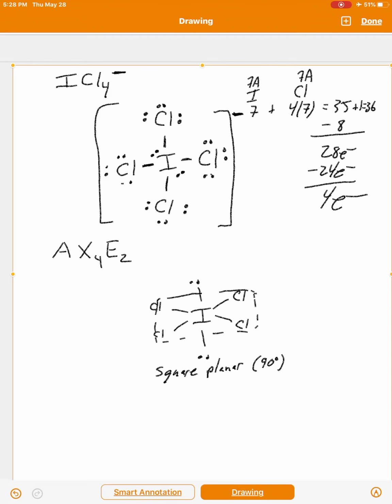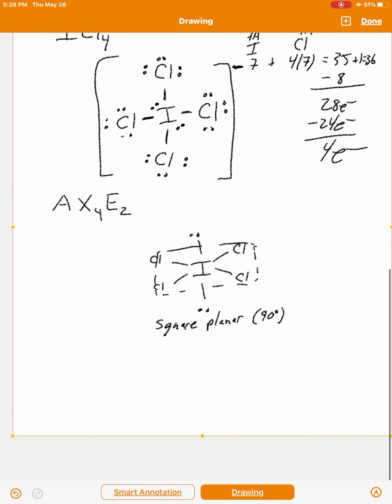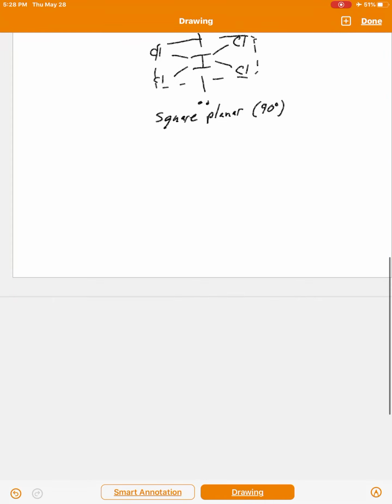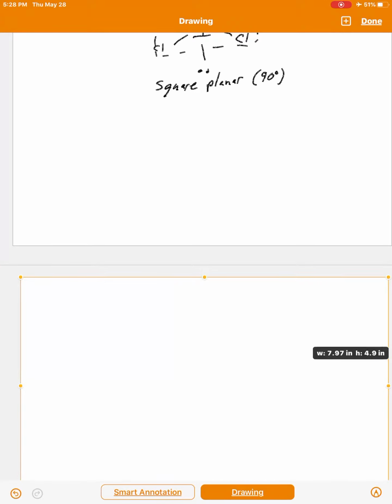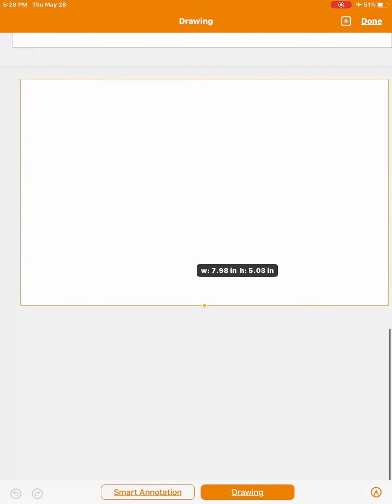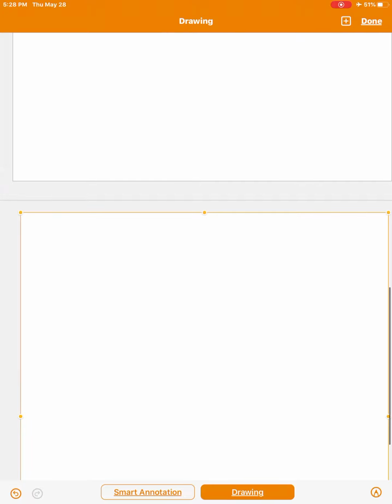So let me show you. I'm going to come down to an additional page here. Your textbook has a couple of tables that you can use to kind of figure this stuff out. But in general, it follows the same idea.